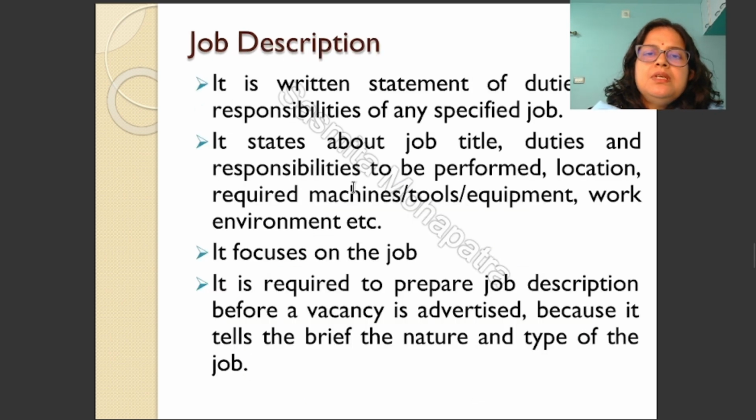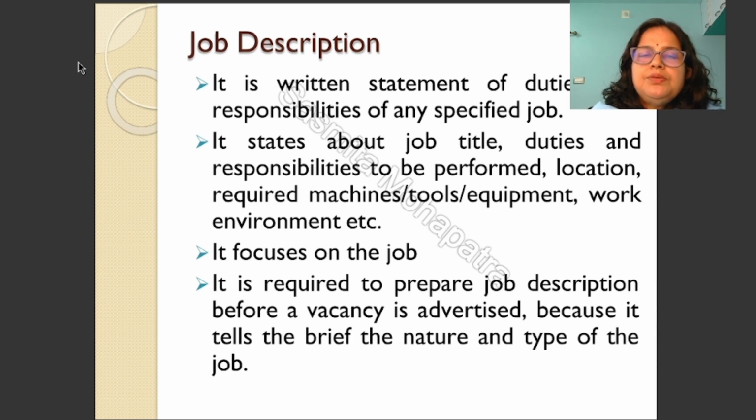Job description is the duties and responsibilities of a specified job. It states the job title, duties and responsibilities to be performed, the location of the job, the machines, tools and equipment involved, and the work environment of that job. It is more job focused.